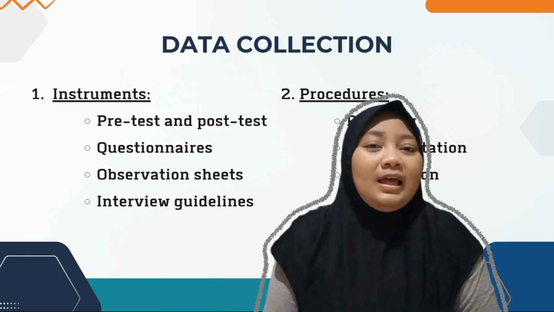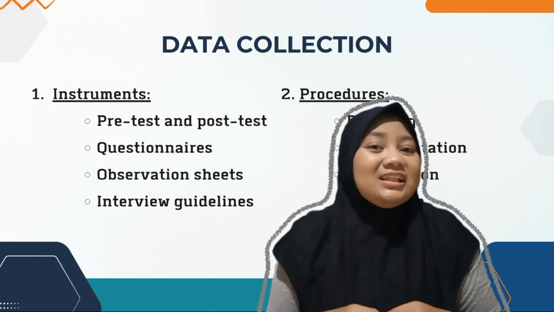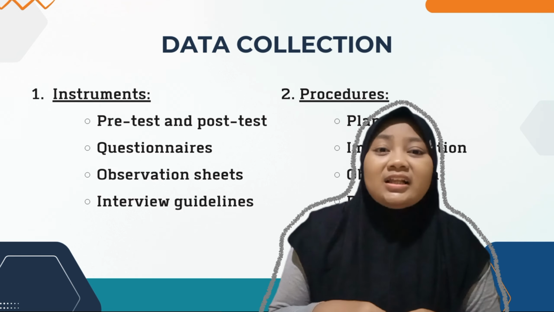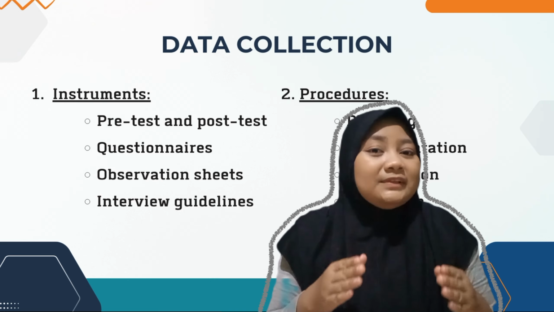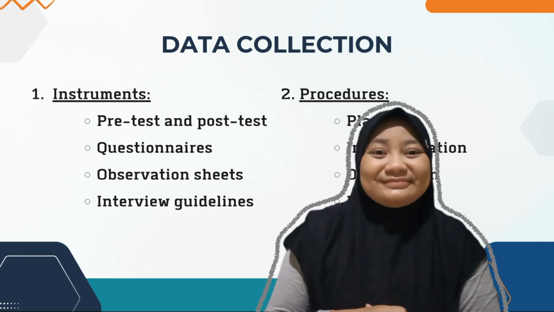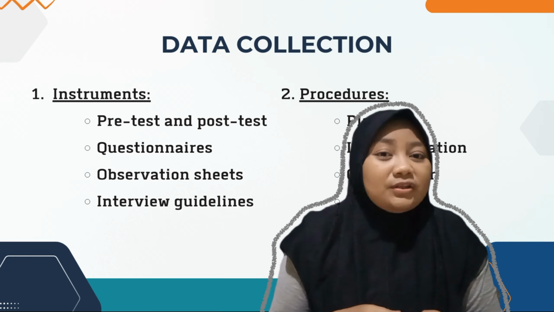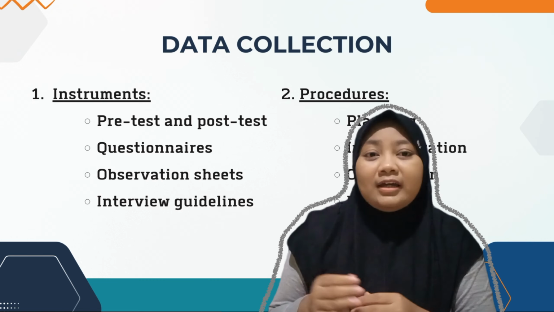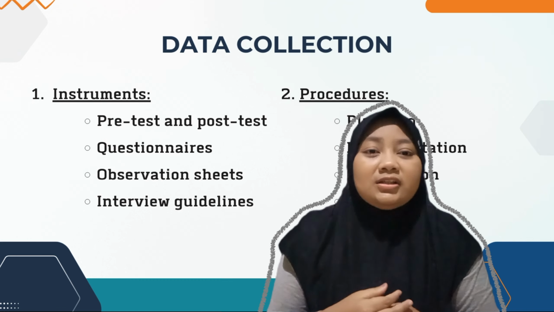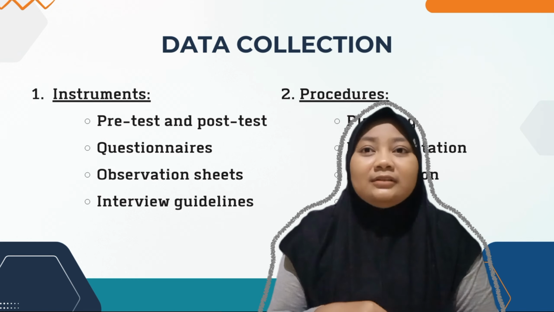Questionnaires designed to collect student feedback on their experience with the BUSU application, focusing on their responses and perceived benefits of using this application in learning grammar. Observation sheets used to document students' autonomous learning behavior and engagement while using the BUSU application, providing insights into how the application fosters independent grammar learning.